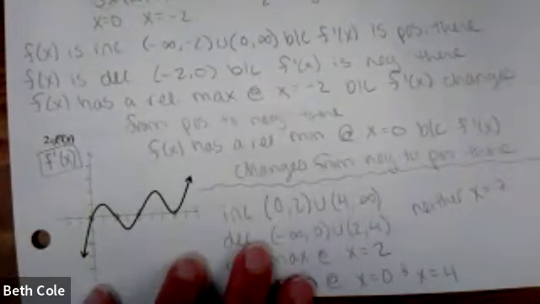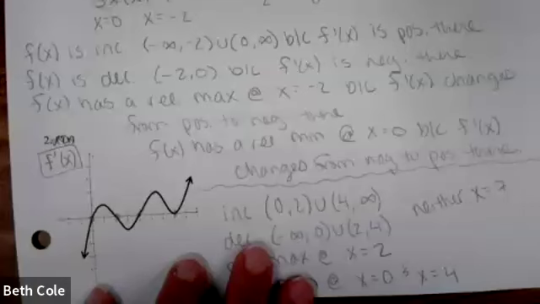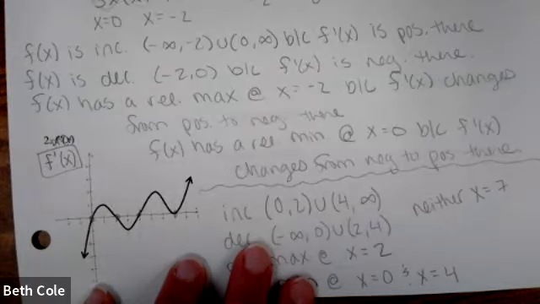And we can't just say goes. I would put changes. Goes is a little non-mathy. And can we say instead of f prime is positive, f prime is greater than 0? Yes, you can say f prime is greater than 0. That means the same thing as positive. Okay, so that's much better.